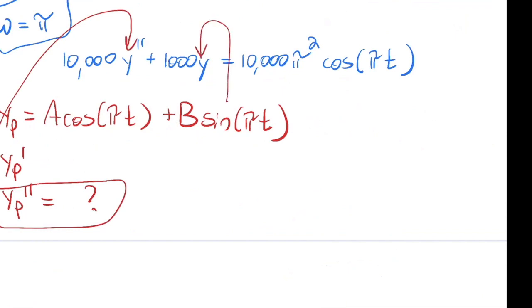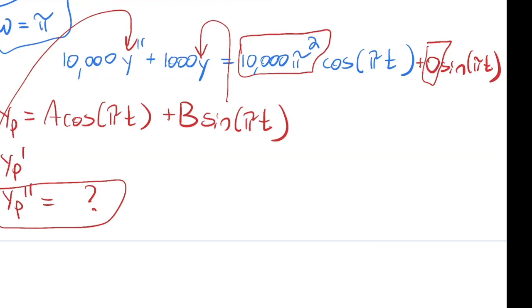Plug this in over here, and then match up your coefficients so that on the right side you have this, and you also will have some sine terms to account for. So you'll get some equation that A's and B's need to satisfy to give me the appropriate term over here. And then you'll have another equation that A and B need to satisfy so that the sine term cancels out.